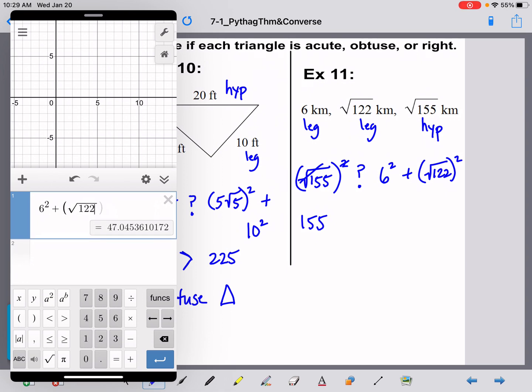Oh, parenthesis in the wrong place. 158. So 155 is smaller than 158, so that means it's less than, and this is an acute triangle. That's our notes for today, and now go do your assignment.